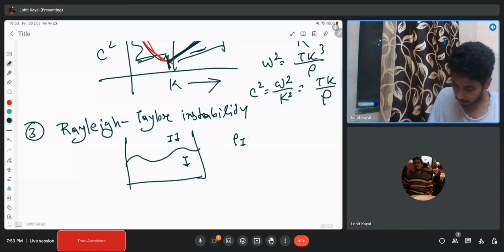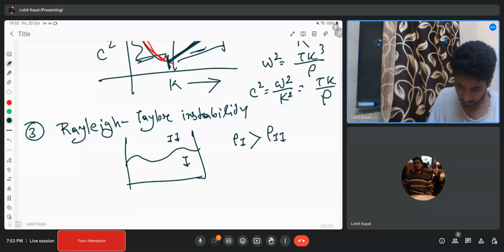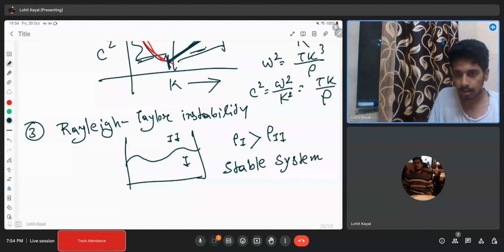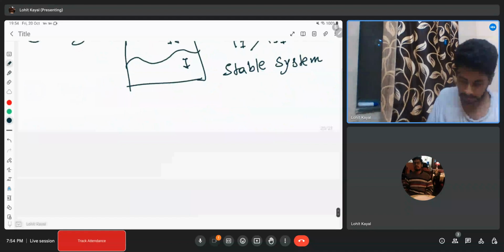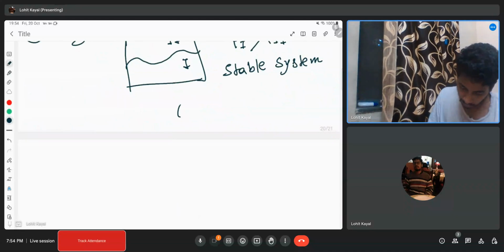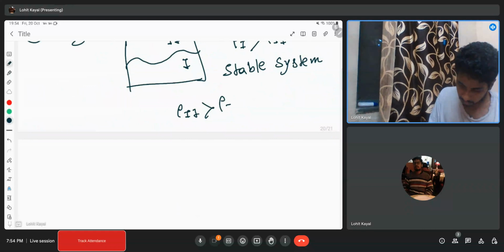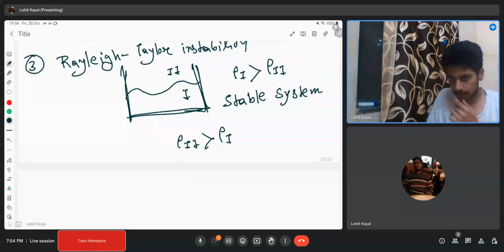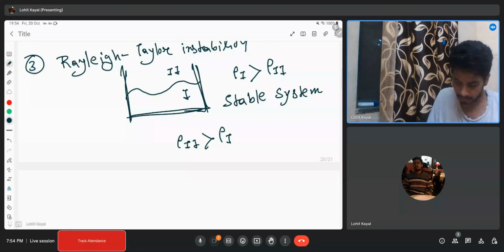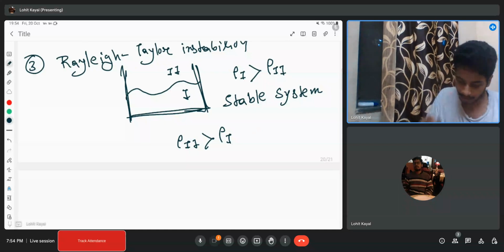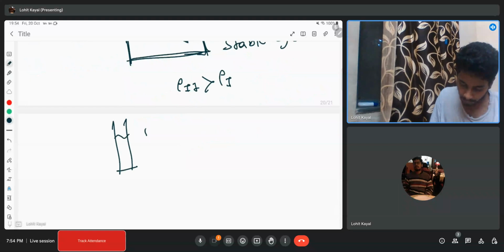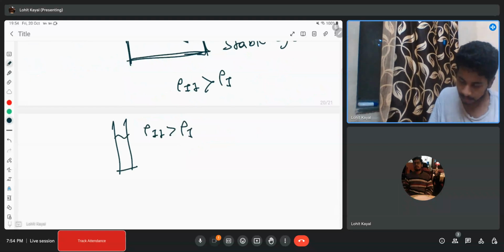If rho 1 is greater than rho 2, then this is a stable system, under surface tension or gravity. Now, if rho 2 is greater than rho 1, then this is an unstable system when the size of the container is large, that means in the gravity dominated region. But for a very thin container, even if rho 2 is greater than rho 1, the system can be stable.